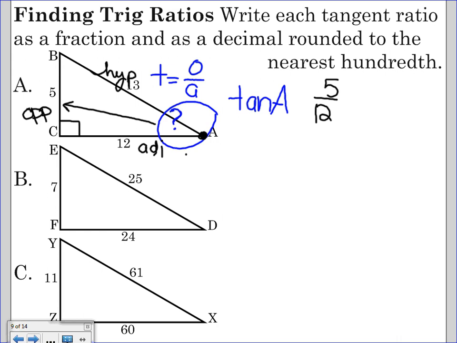So how do we find the decimal form of 5 over 12? 5 divided by 12, rounded to the nearest hundredth. 0.4. I need one more place. So the 6 rounds the 1 up to 2. So this is my entire answer. If it asks for it in fraction and decimal form, you need both answers.